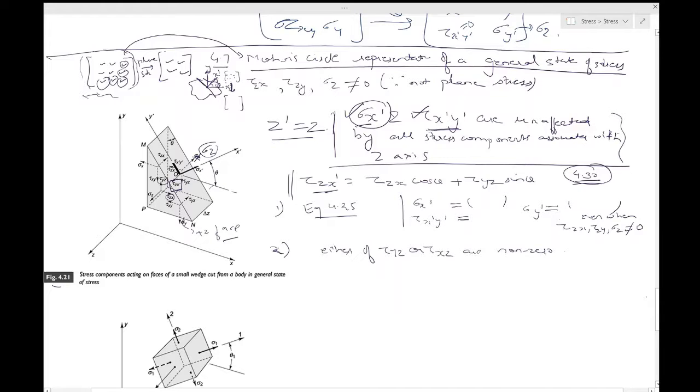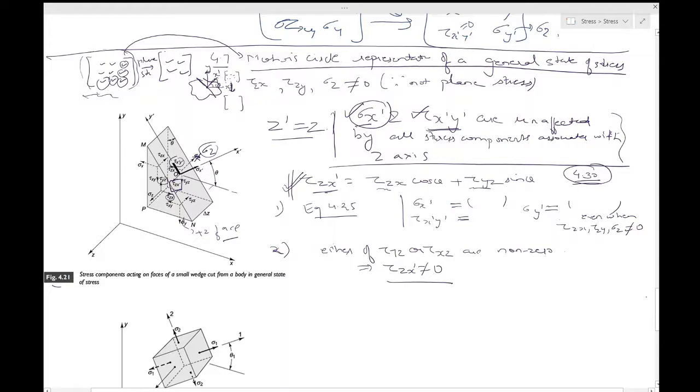So you see over here, if any of these two terms are non-zero, then this would imply that tau zx dash is non-zero. So this tau zx bar, tau zx dash will exist on the x dash face in addition to tau x dash y dash.